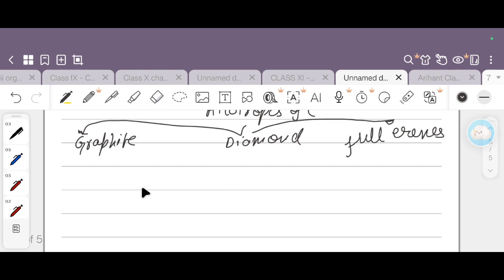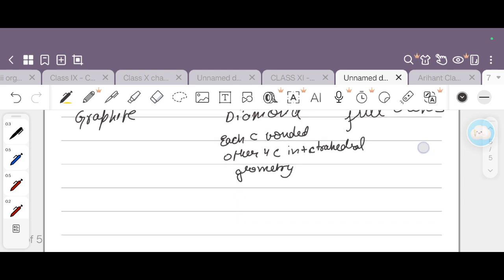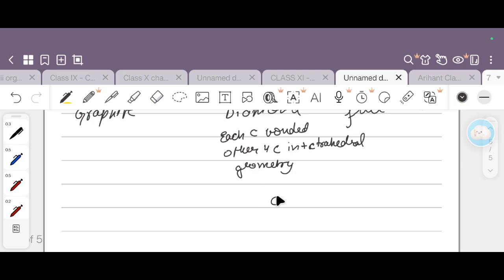Diamond: each carbon is bonded to 4 other carbons in tetrahedral geometry. Like these, the bonds are formed.